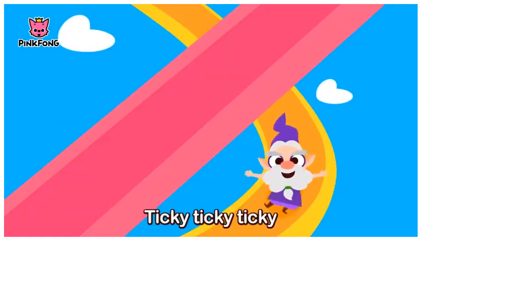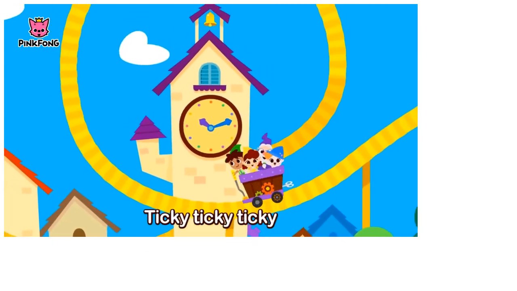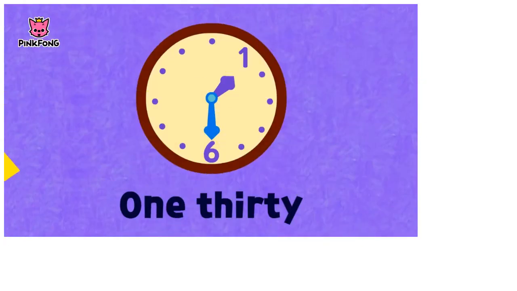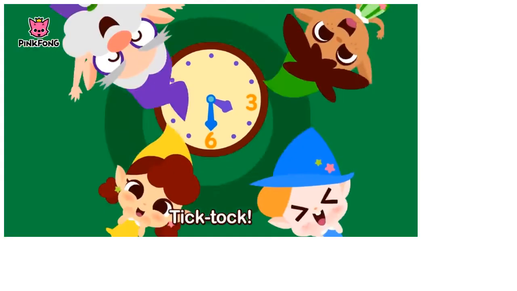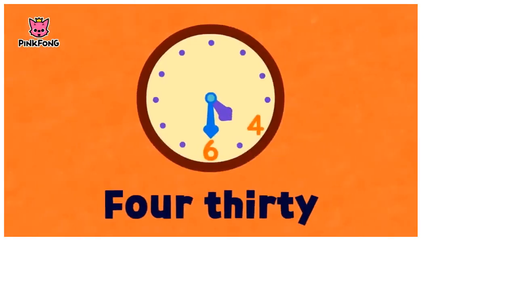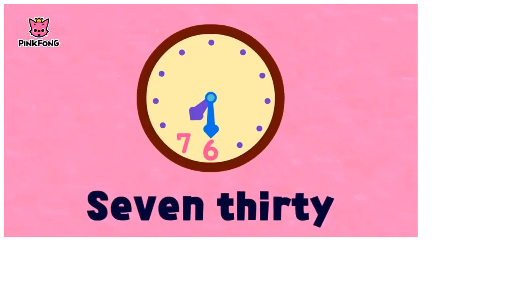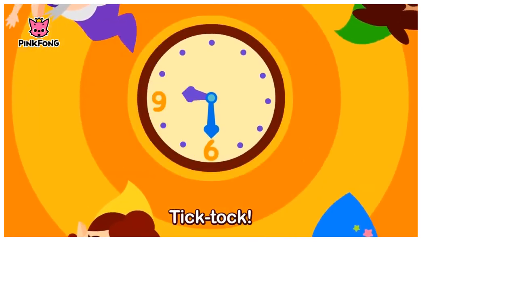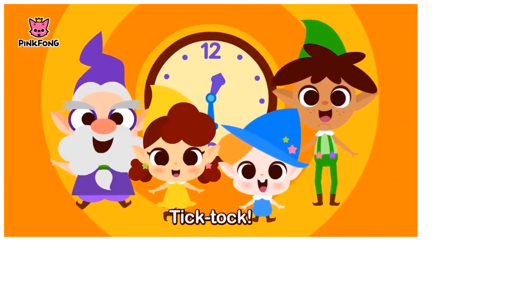Ticky ticky ticky tick a tock. What time is it? Tock. 1:30, 2:30, 3:30, tick tock, 4:30, 5:30, 6:30, tick tock, 7:30, 8:30, 9:30, tick tock, 10:30, 11:30, 12:30, tick tock.